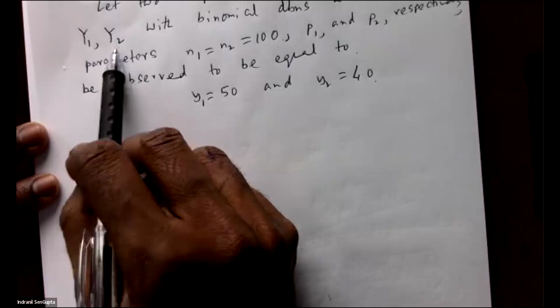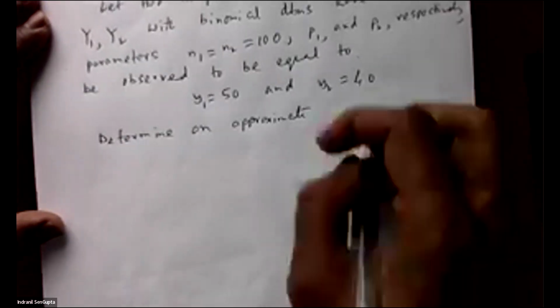Now here, determine an approximate 90% confidence interval for p1 minus p2. By the way, we see the value Y1 to be 50 and Y2 to be 40.